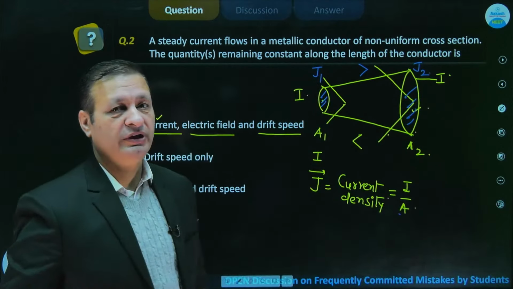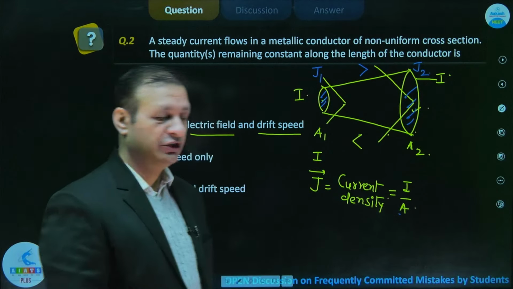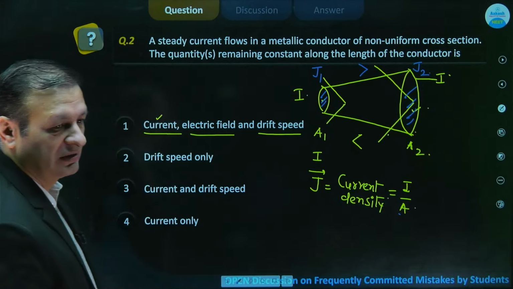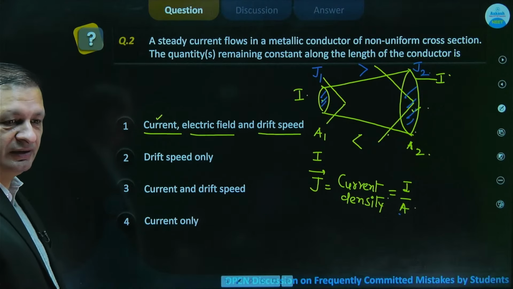So J1 would definitely be more than J2. Any doubt till here? Okay fine, clear.